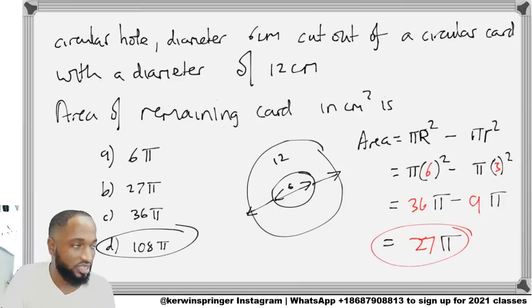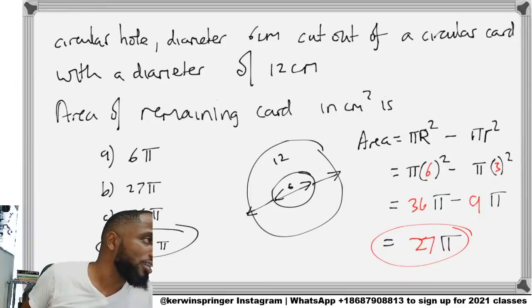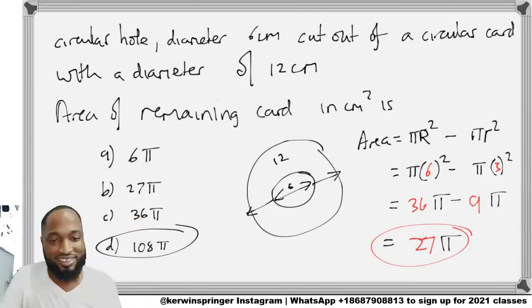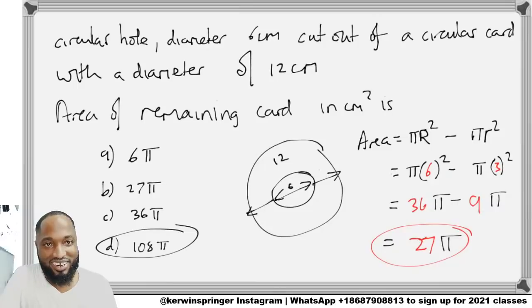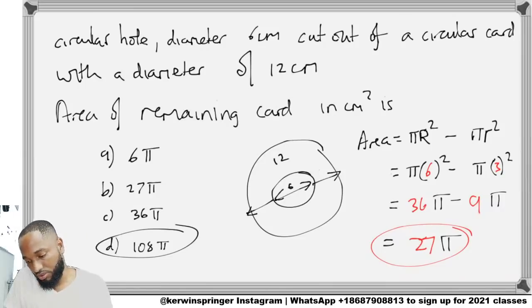Thanks, chat. Now keep in mind, the only reason I did that was just to see who was paying attention. Now that I know you're paying attention, you could go on. I do that every now and then to make sure everybody is paying attention. Don't make that mistake with the radius and diameter, people. Alright. There you go.